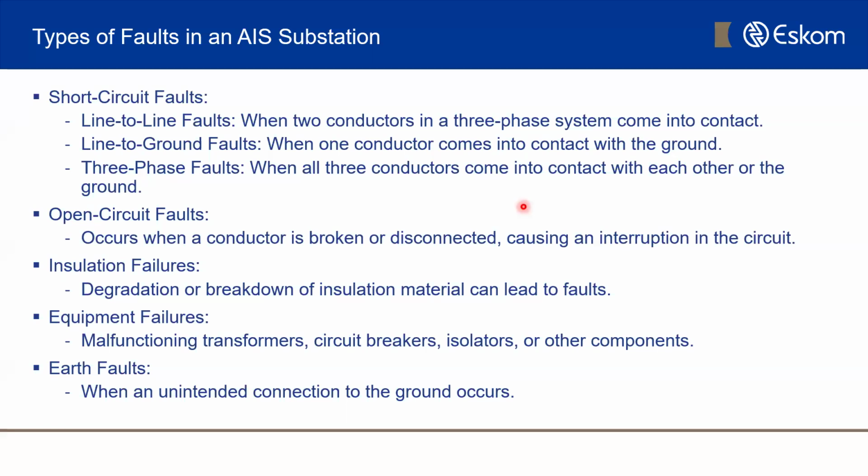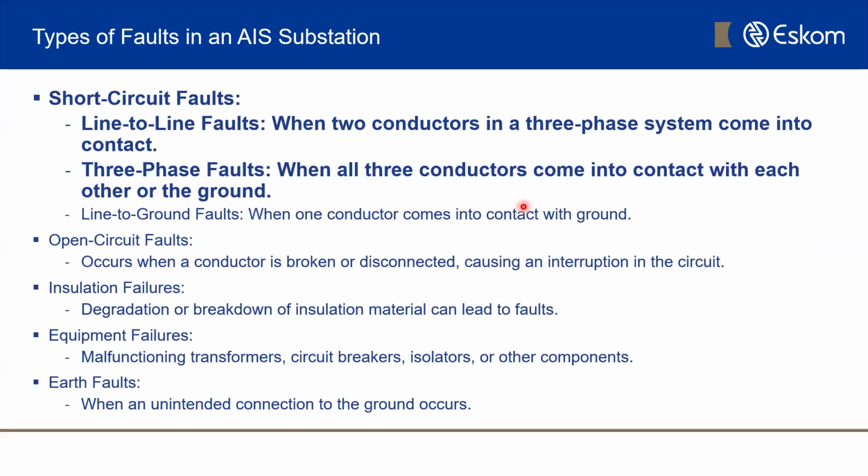Okay, perfect. So we'll move over to an open circuit fault. This is very self-explanatory. It's when the circuit opens, maybe because the conductor breaks and there's a disconnection, so the electricity doesn't transfer anymore. It causes an interruption in the circuit.